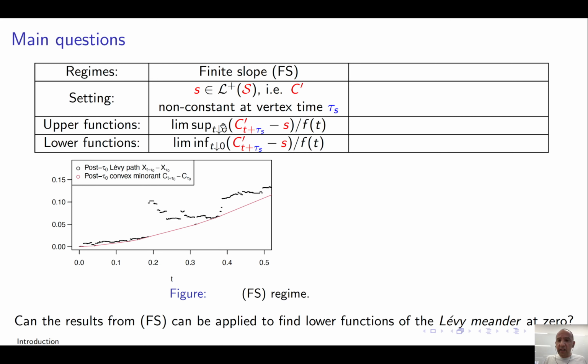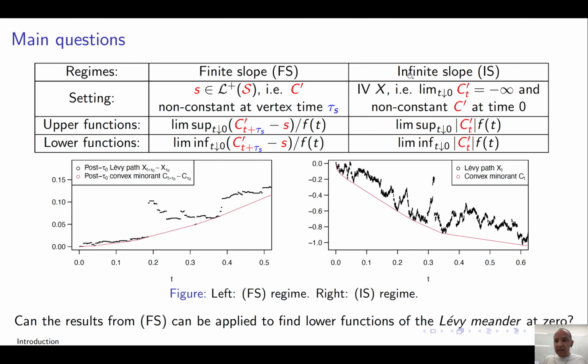The second thing that I'm interested in is, of course, as I was saying, infinite slope, which happens for all infinite variation Lévy processes. Right at time zero, the slope is in fact infinite: the process has infinite variation if and only if the derivative converges to minus infinity at zero. In that case, I want to know how this derivative enters.